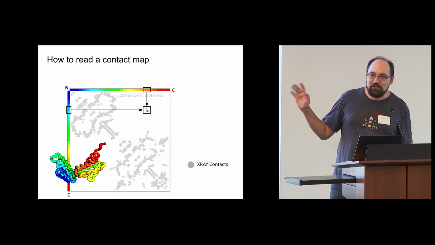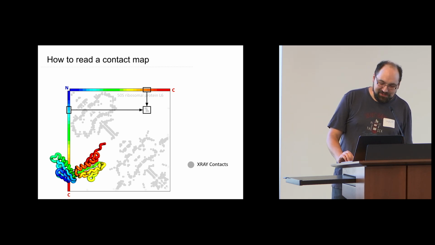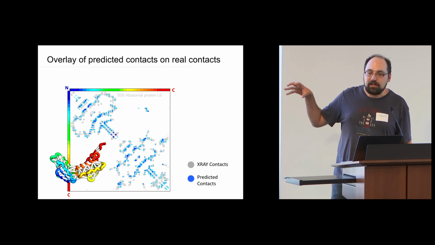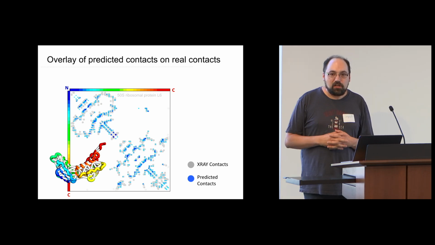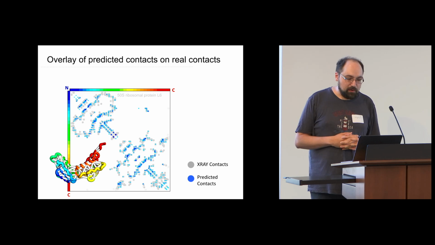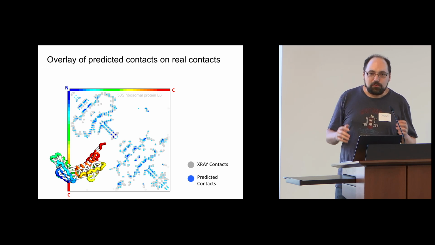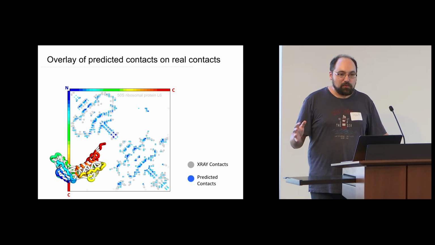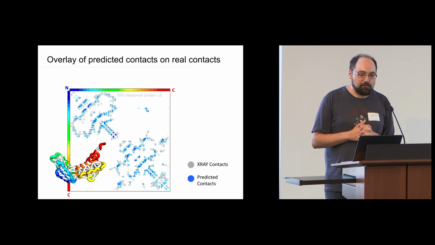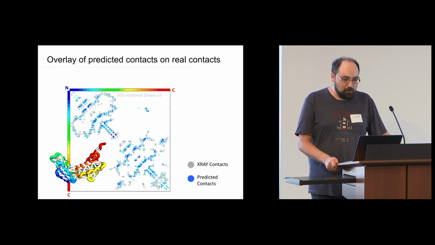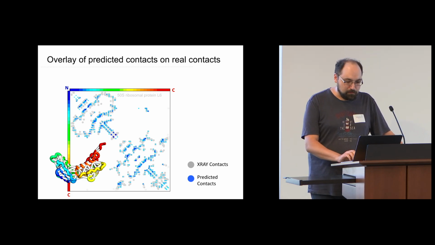I'll be showing quite a few of these, so I thought I'd spend a little time showing you how to read them. Now what I can do is overlay these contacts that I get back from this essentially covariance matrix of the multiple sequence alignment, and you can see they overlay really nicely. This was a really exciting result back around 2009 to 2011, where people started realizing these are really powerful information just by training this very, very simple model.